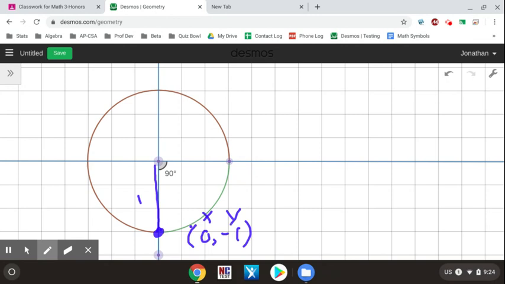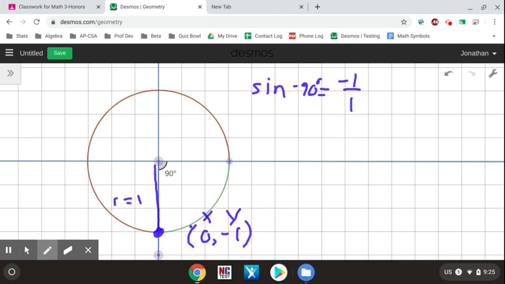So now when I get ready to do my trig functions, my sine is always my y-coordinate in a coordinate plane. So the sine of -90 degrees, we'll go ahead and use 90 degrees instead of a theta, since they gave us that, is going to be -1 over 1, because my radius is 1, my x-coordinate is 0, and my y-coordinate is -1.